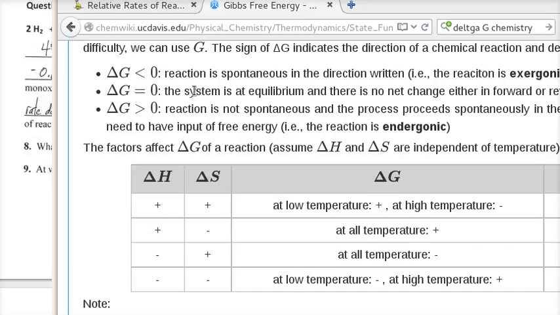Equals 0, not really sure, well, nothing happens. It's equilibrium, that is actually the better word. And greater than 0, not spontaneous. So if you set it equal to 0, then that's how you can figure out what the temperature is where it changes between this category and this category.